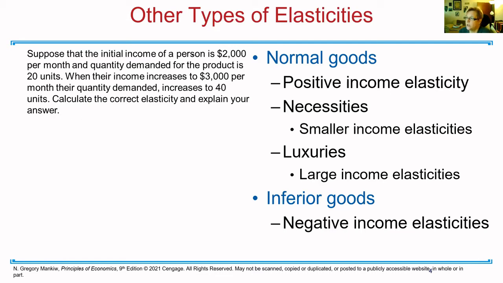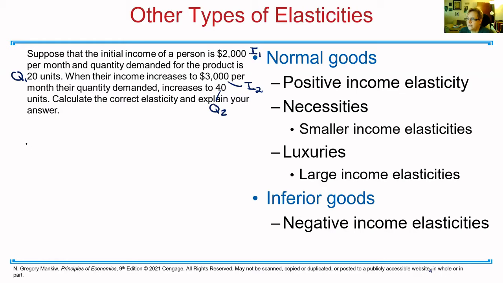Okay, so essentially we're going to pick apart this problem. Here's our income 1 at 2,000. Here is our Q1 at 20. Here is our income 2 at 3,000. And here's our quantity 2 at 40.